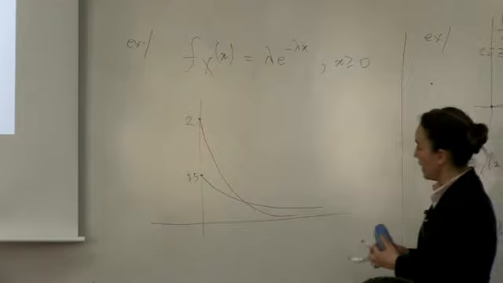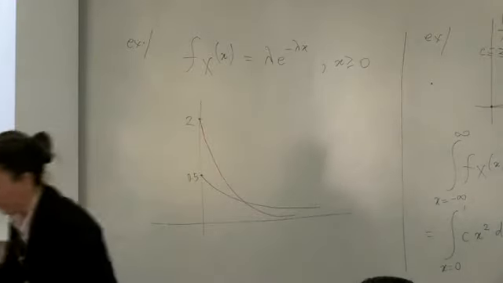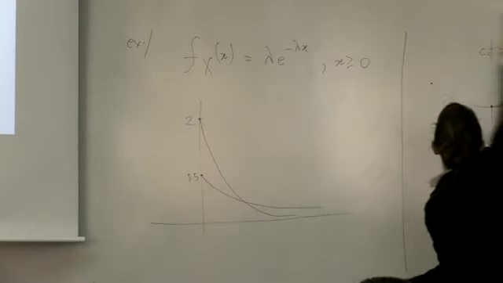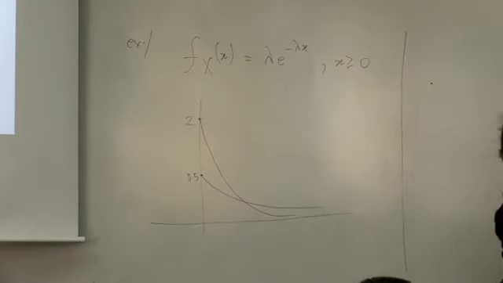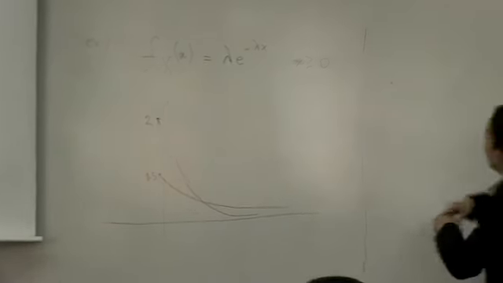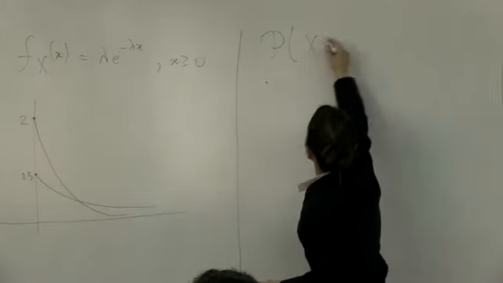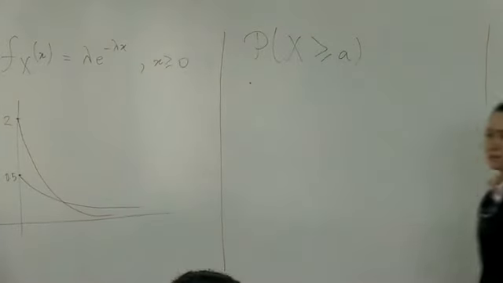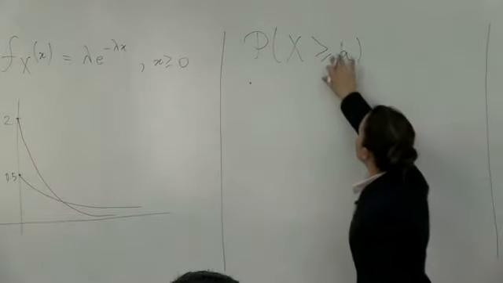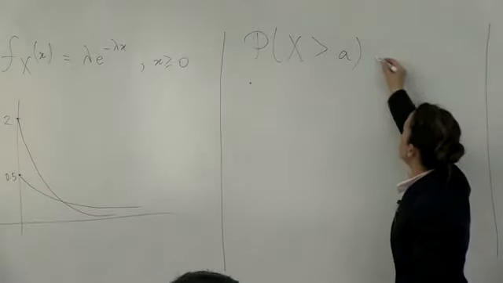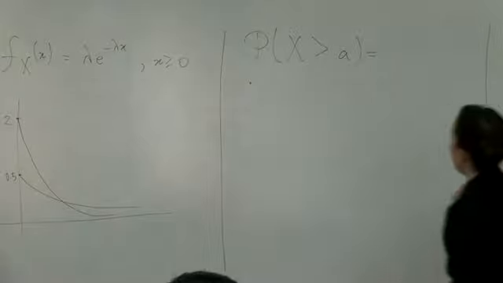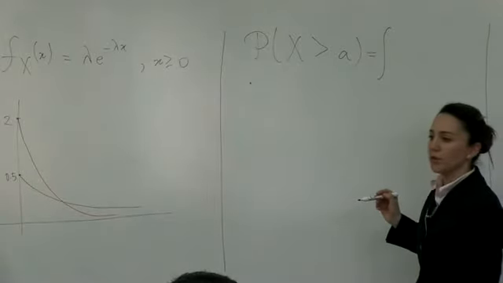Now, as I said, I don't like knowing the exponential this way. I like to know the probability that x is bigger than a. Let's find the probability that x is bigger than a if x is exponential. This is the integral from what to what?